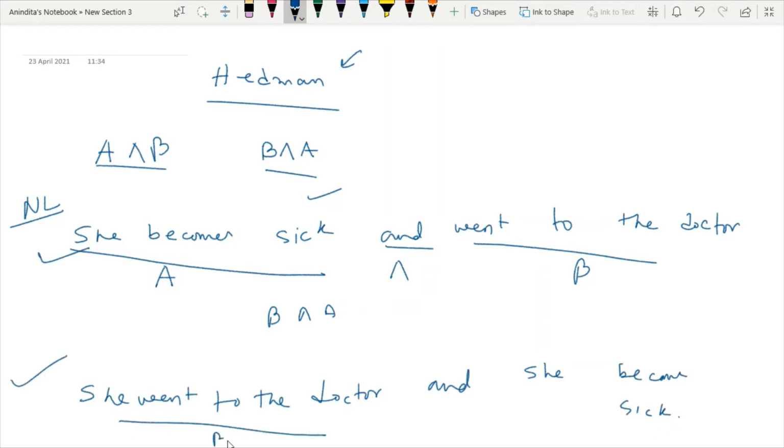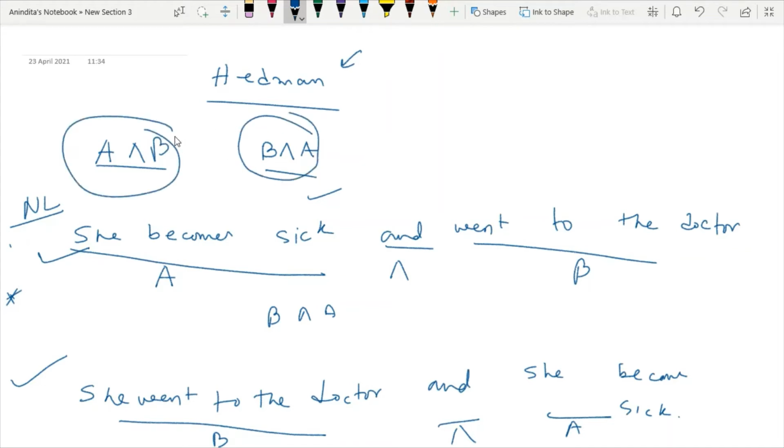We can write it as B and A. So both statements uttered in natural language have different meanings. They are not the same. So got my point. Mathematically, it may be possible that according to propositional logic, A and B and B and A are the same. However, whenever we are using this for interpreting natural language, they are not the same. So this is another drawback of propositional logic.